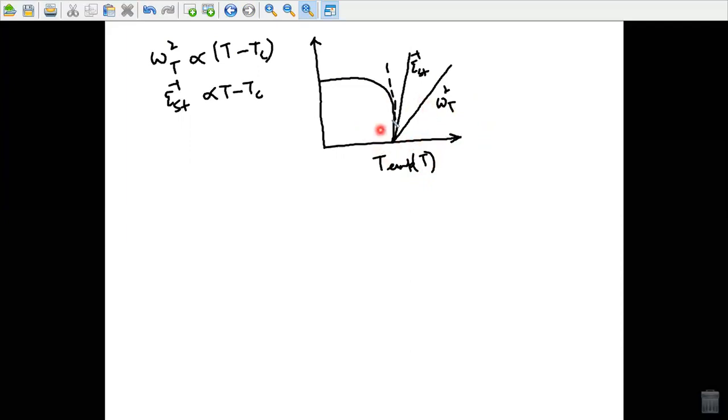Ferroelectric nanostructures serve as non-volatile memories in advanced computers. This is the curve of the temperature dependence of the permanent polarization P, the reciprocal static dielectric constant, and the square of the transverse frequency omega t squared for a ferroelectric material.